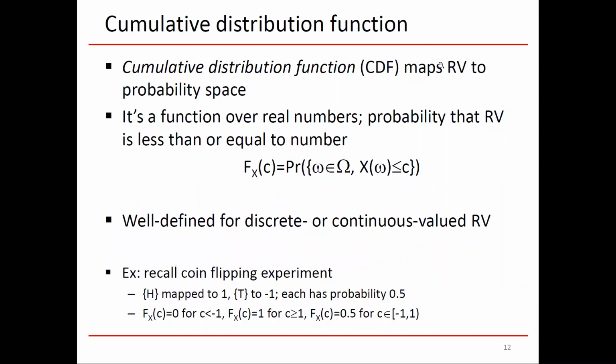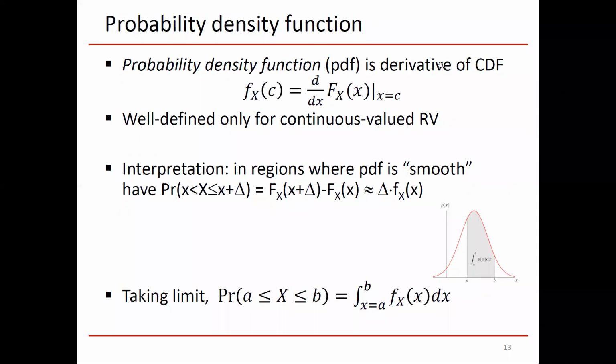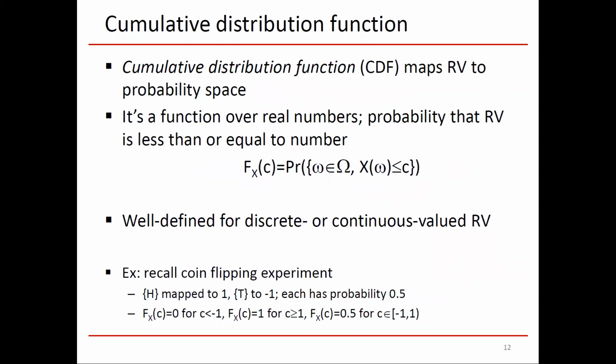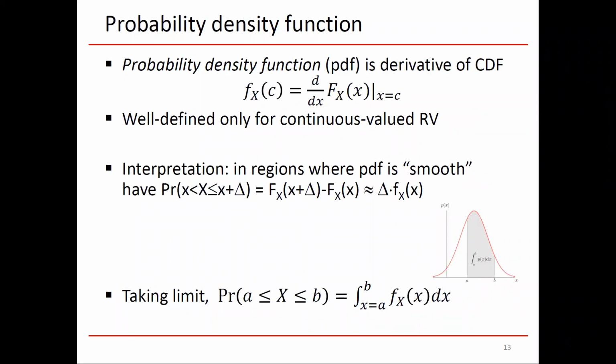All right. The next topic is the probability density function. We talked about the cumulative distribution function, or CDF, and now we're taking its derivative. Lowercase f_X(c) is the probability density function, abbreviated PDF, and lowercase f_X(c) is the derivative of capital F_X(c).